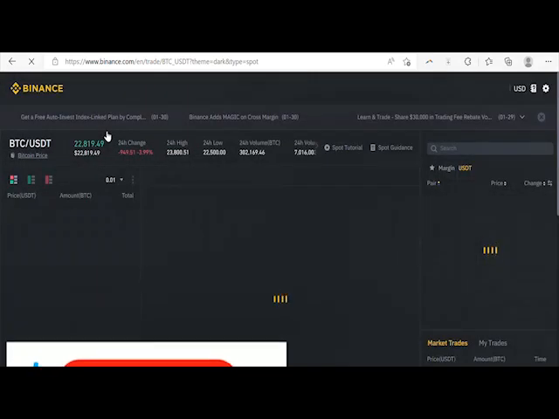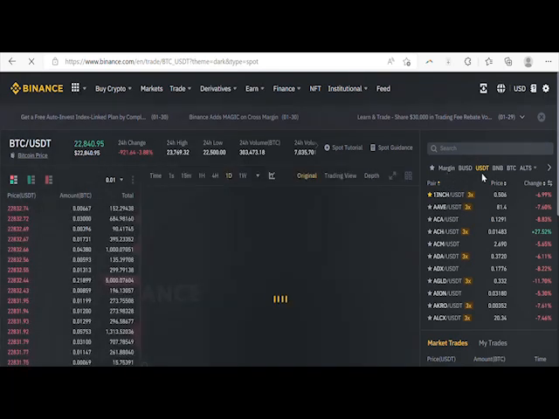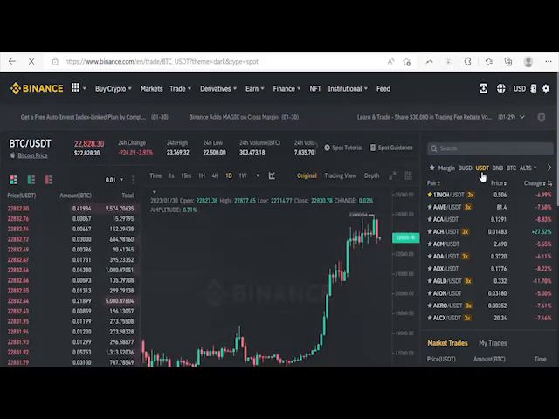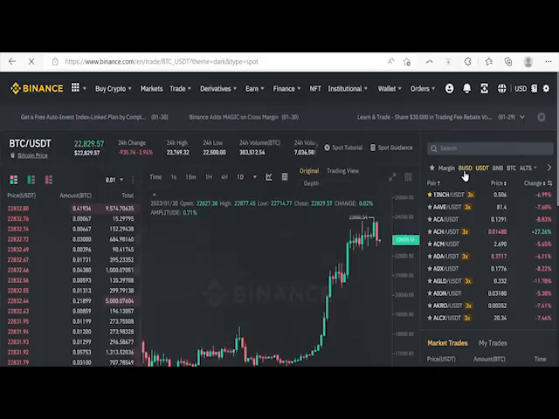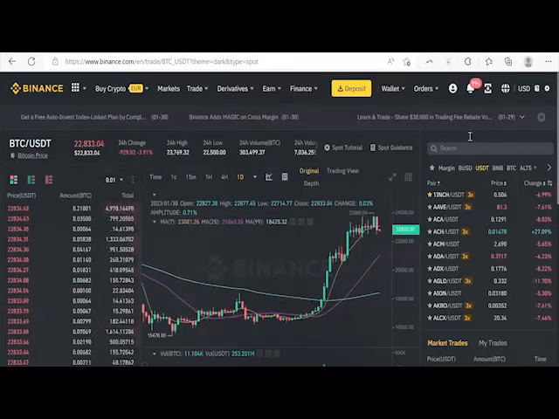Now, without further delay, what I have for you today is I quickly want to show you different categories of trading that you have, and I'm using Binance as a case study. Of course, on most of these other well-known platforms, the experience is virtually the same.